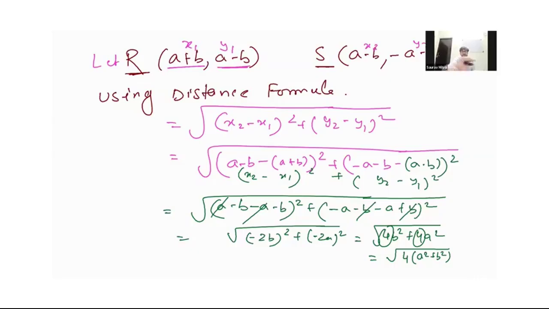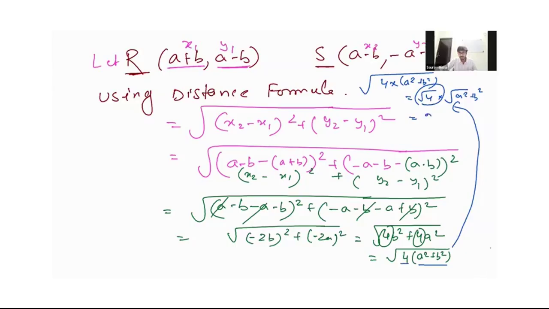Since they are in multiplication, I can write it separately as square root of 4 into square root of a square plus b square. The square root of 4 is 2, so the answer is twice the square root of a square plus b square.